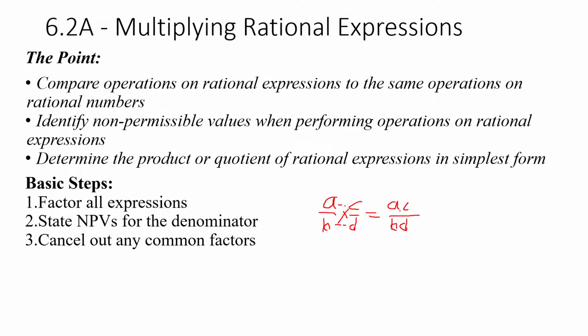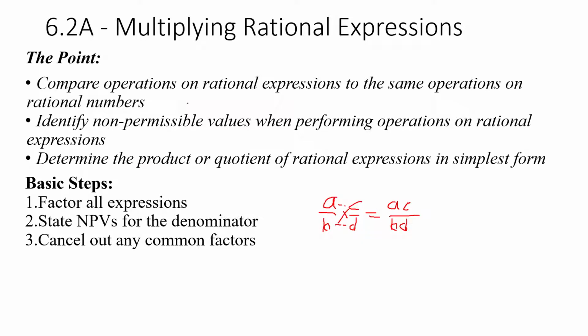We're going to be utilizing that idea from our more basic fraction knowledge to work with polynomials, where we substitute polynomials in for a, b, c, and d, and then see how we can simplify it out.